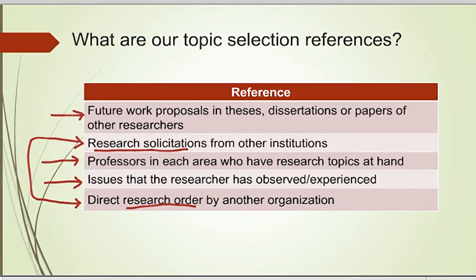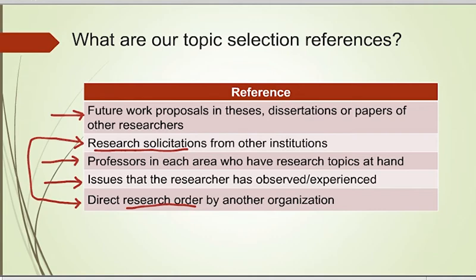The other type of research is a direct research order by another organization. Sometimes the water power authority in the city may come to the university and ask them to do the research for them.